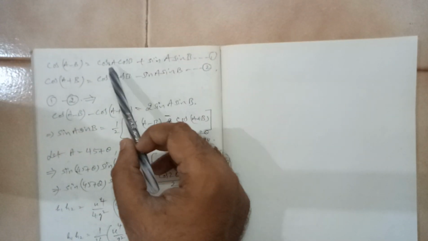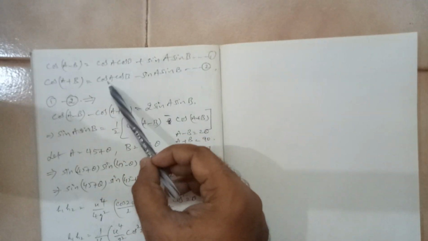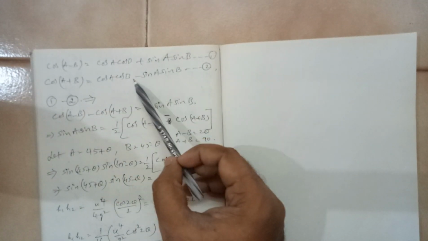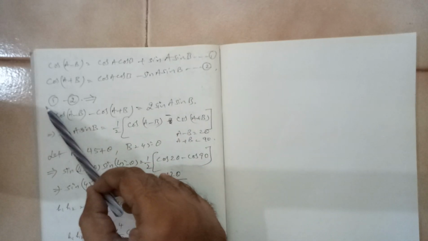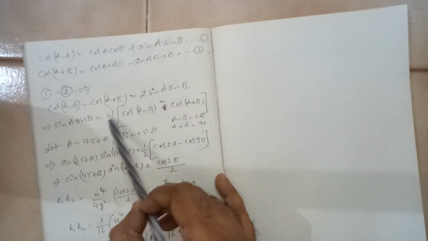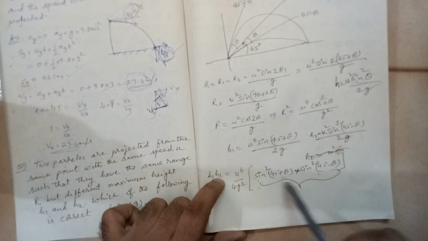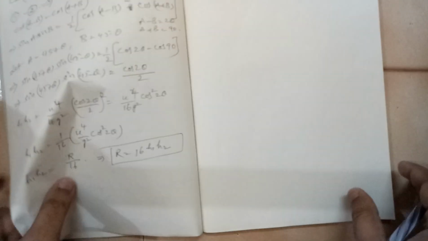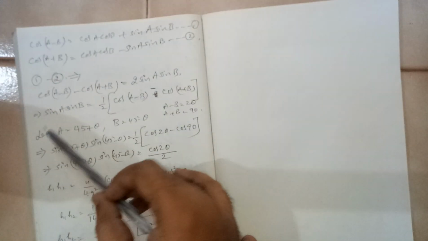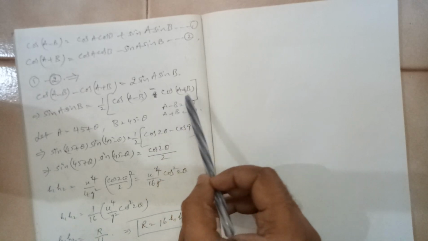So I should not get the cos terms, but I should get the sines. So take the difference. If you take the difference, these two terms will cancel, and minus of minus will become plus. So I have done 1 minus 2. Cos of a minus b minus cos of a plus b is equal to 2 sin a sin b. So sin a sin b will be half of cos of a minus b minus cos of a plus b.